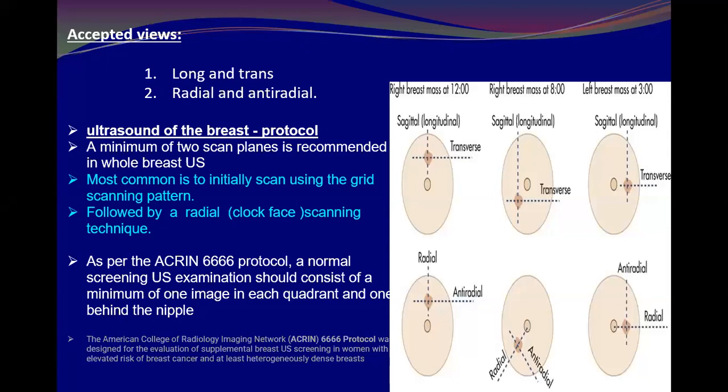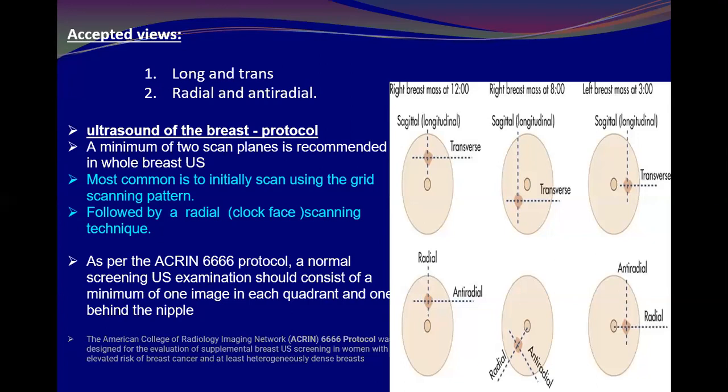Okay, and for the ultrasound of the breast protocol, a minimum of 2 scan planes in the whole breast is recommended. Most commonly, we initially scan using the grid scanning technique, followed by radial and antiradial technique.